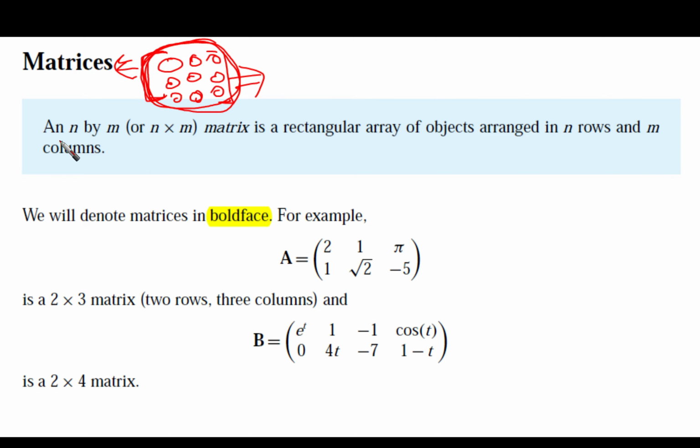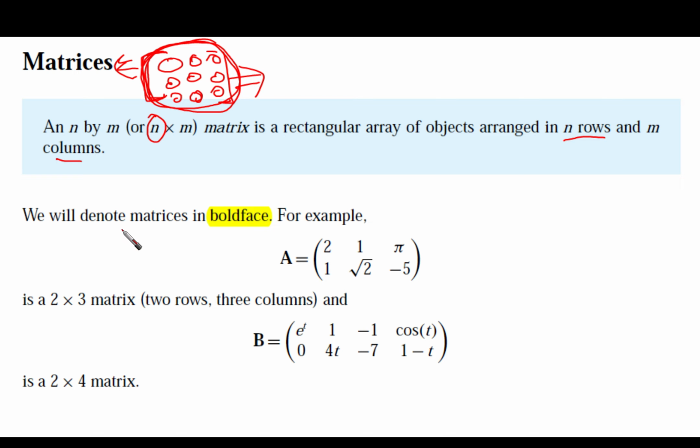So let's assume that we have an n by m, or n times m, matrix. It is a rectangular array of objects arranged in n rows. That's the meaning of n here. It means n rows, as we are going to see now, and m columns.